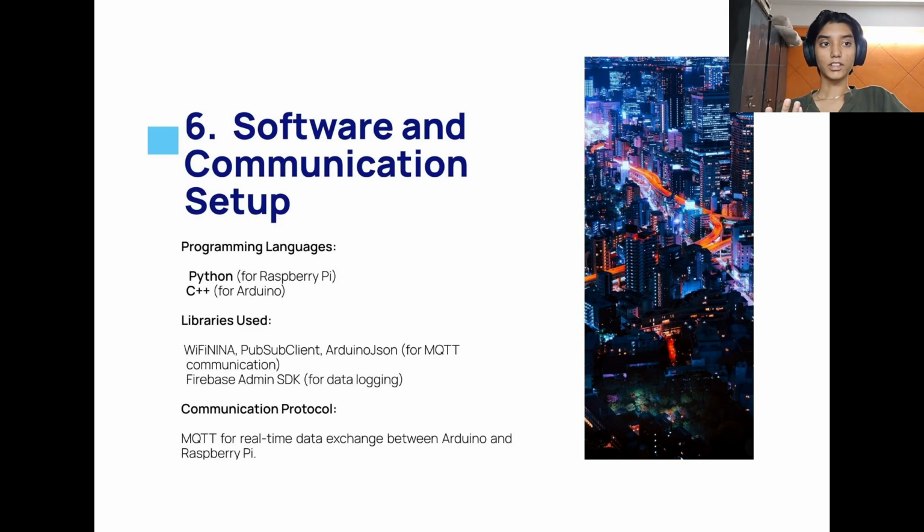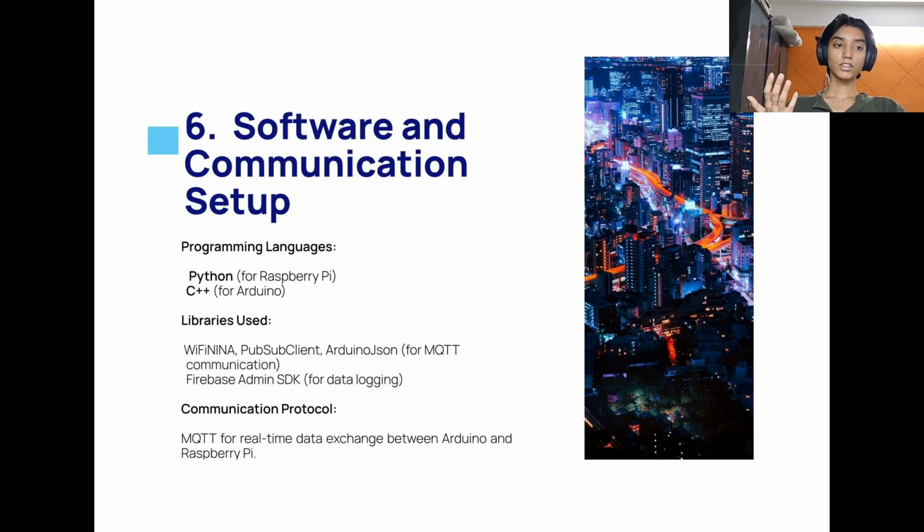Then the software setup. I have used the Python language to do the code in the Raspberry Pi. Then I have used C++ to do the code in the Arduino. The libraries I have used were WiFiNINA, to establish a Wi-Fi connection between the Nano and Raspberry Pi and to connect them to the MQTT.